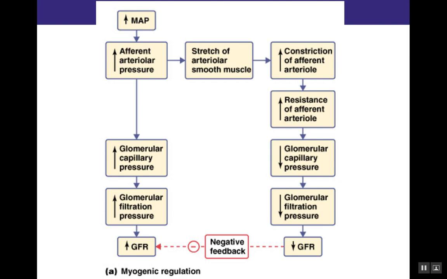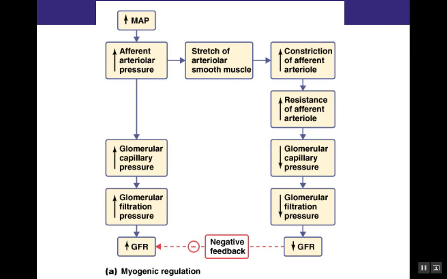This flow chart is an example of myogenic regulation. Myo refers to muscle, the smooth muscle that surrounds the afferent arteriole. So myogenic means the muscle is the origin of the mechanism.